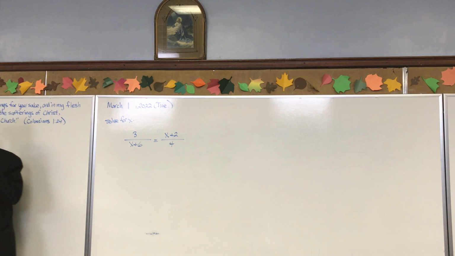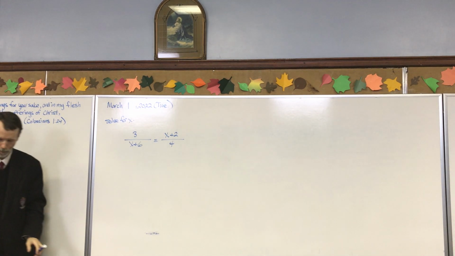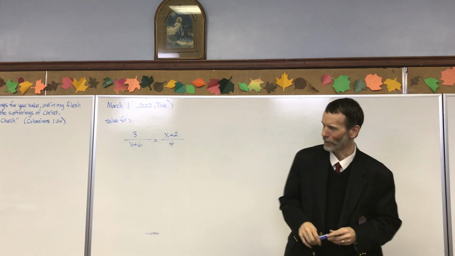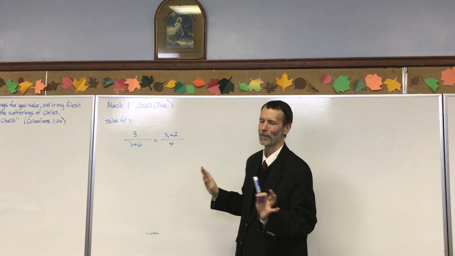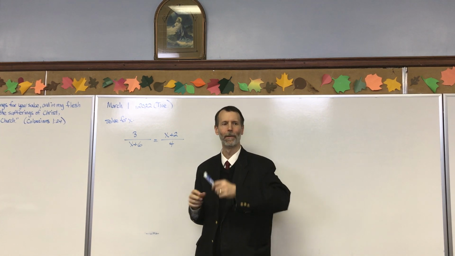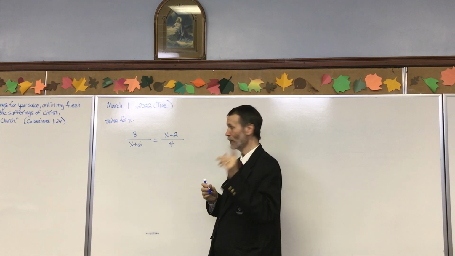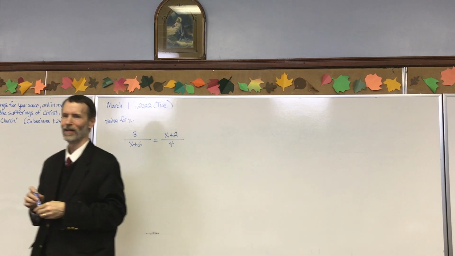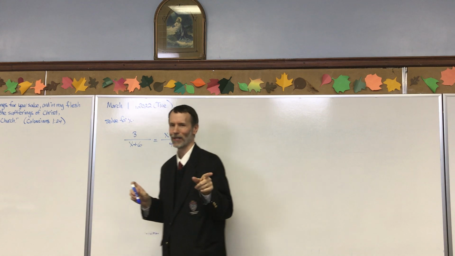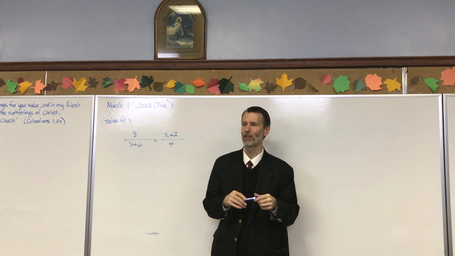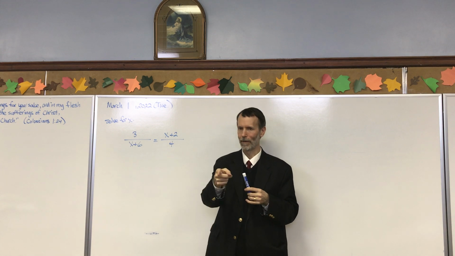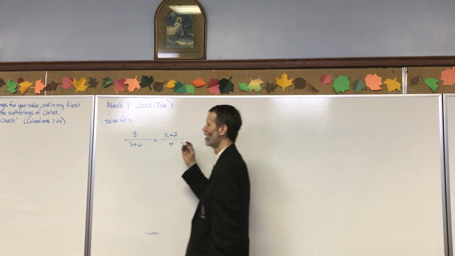Here's if anybody catches what we should do first. There's something in this problem that would make me stop the problem and immediately do something. Yes, we are about to cross multiply. There's something I would do first. Keep that in mind. We're about to do that in about a minute or two. But there's something we have to do first. That's right. Good. Restrictions. Are there any?